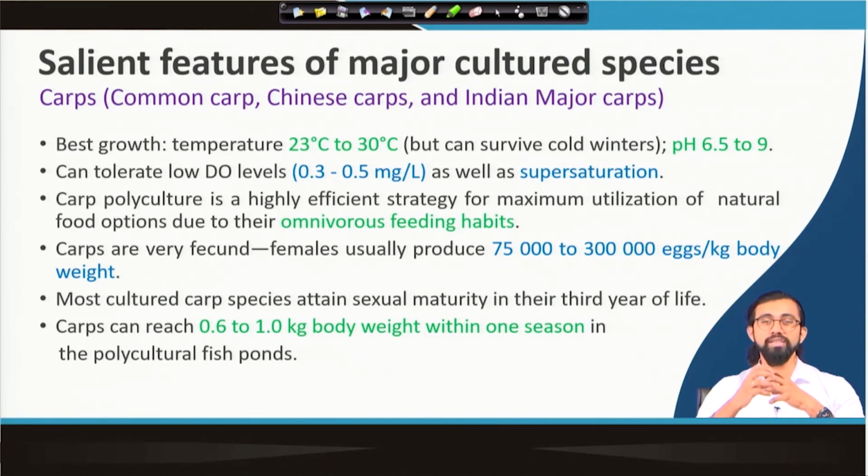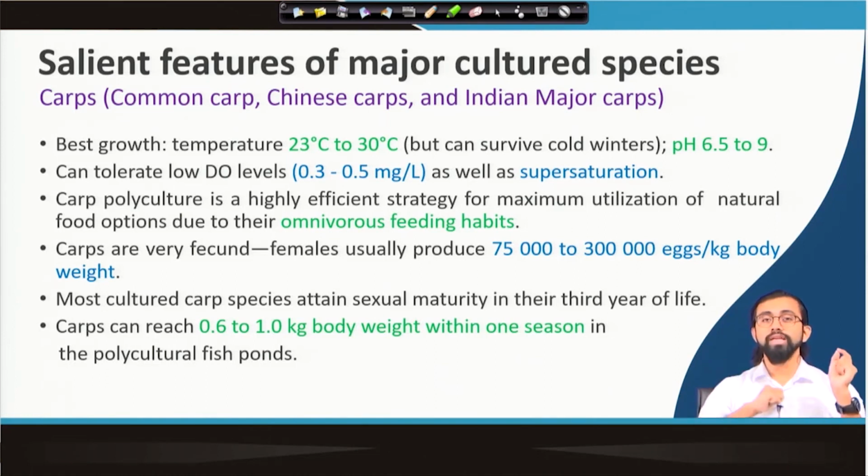Though we say it can tolerate supersaturation, it's better not to have them in a supersaturated dissolved oxygen condition. When I talk about saturation, suppose I am talking about 20 degrees Celsius in a normal water body in a tropical region, in STP condition, the saturation concentration for dissolved oxygen is 9.1 milligram per liter.